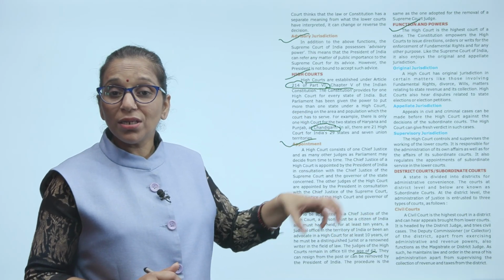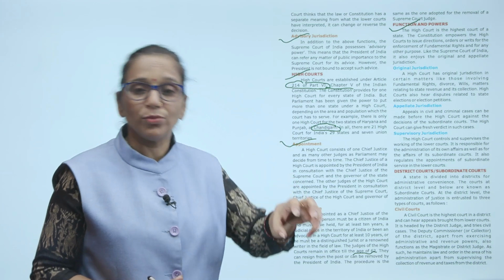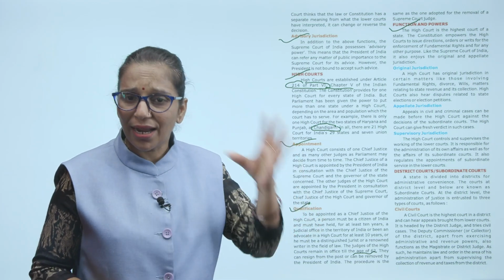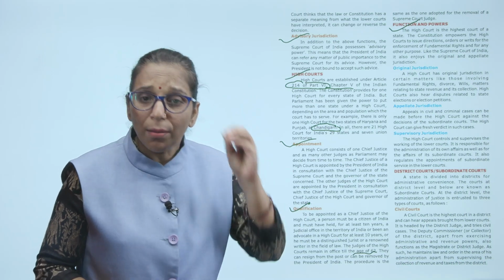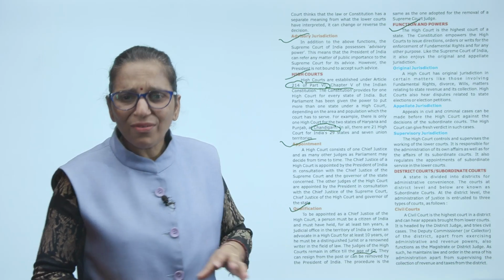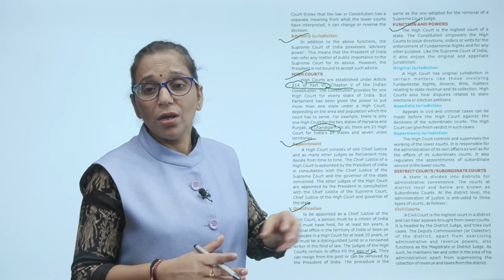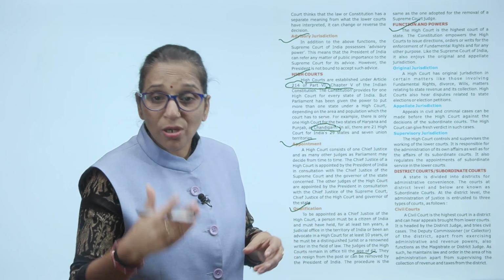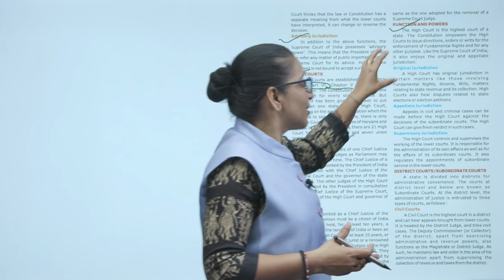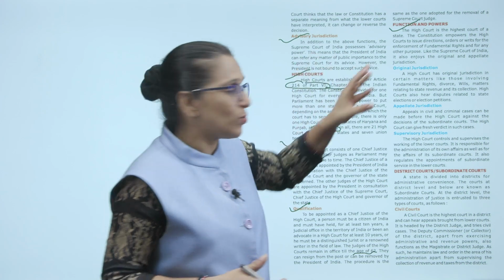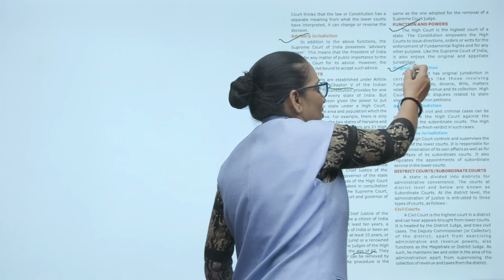Original jurisdiction means the cases which come directly to the High Court, originated in the High Court. For example, fundamental right cases, divorce, wills, matters relating to state revenue and its collection. High Courts also hear disputes related to state elections or election petitions. So these cases directly come to the High Courts, originate in the High Court. That's why they are known as original jurisdiction.